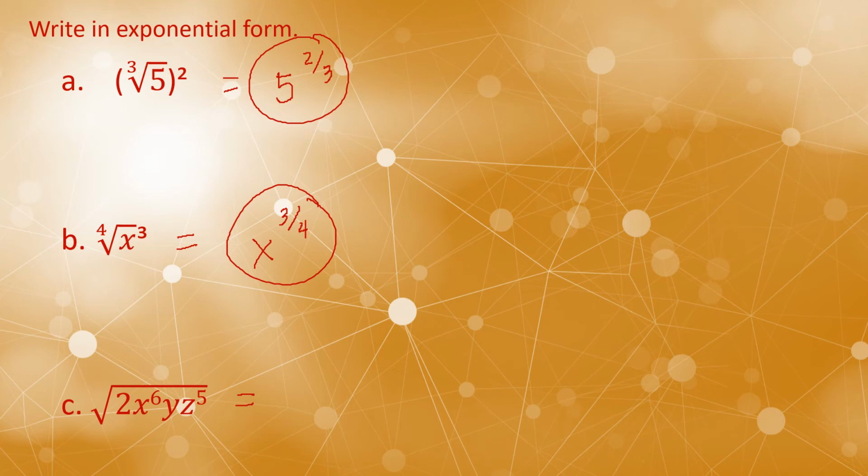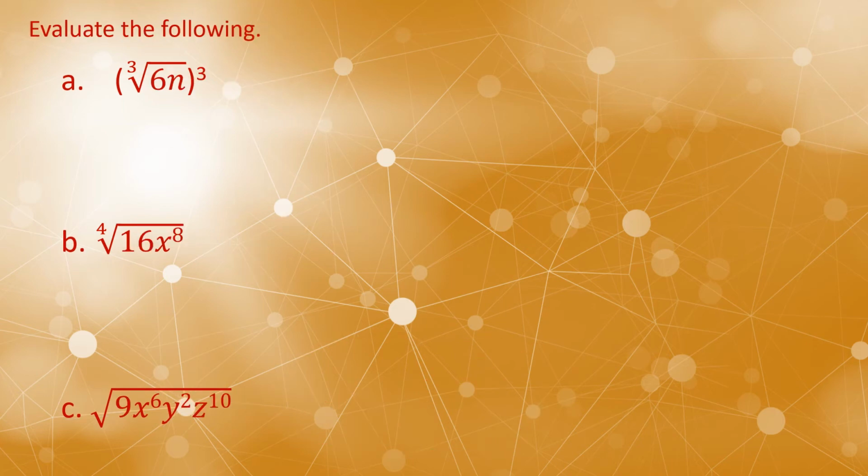So in exponential form, this is quantity 2x raised to the 6th power, y z raised to the 5th power, quantity raised to 1/2. Next, evaluate the following.